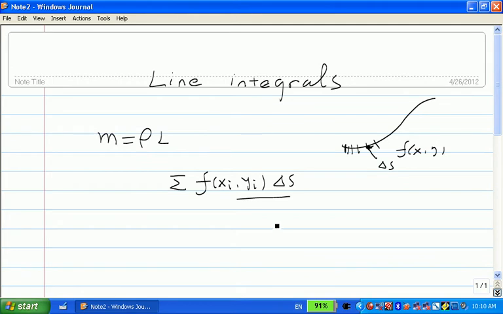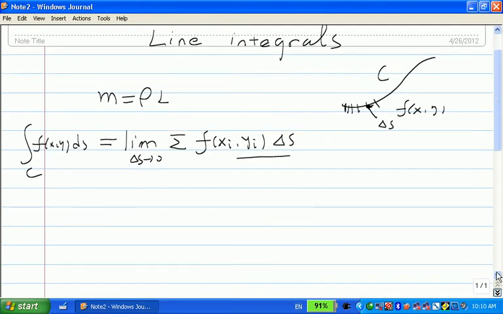Now this is just an approximation, and this approximation is going to get better and better if you let delta S go to 0. This curve we call C. So we write the integral over C of f(x, y) ds.